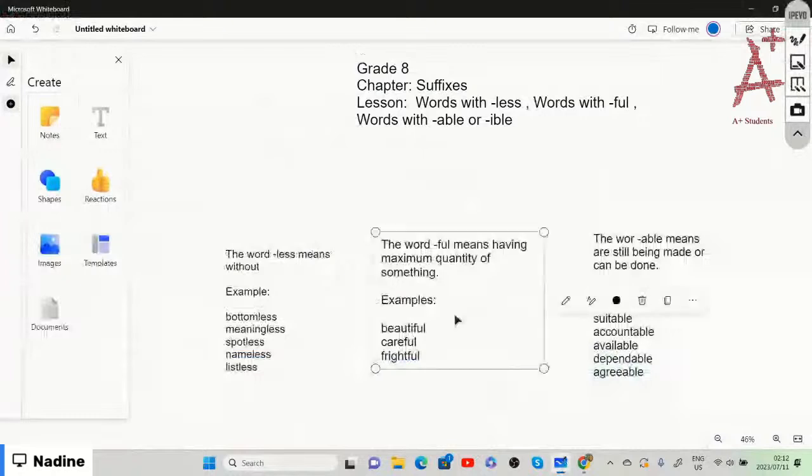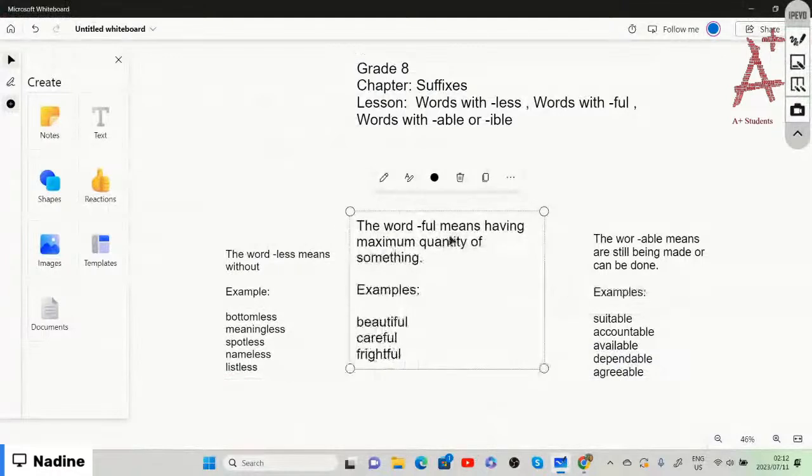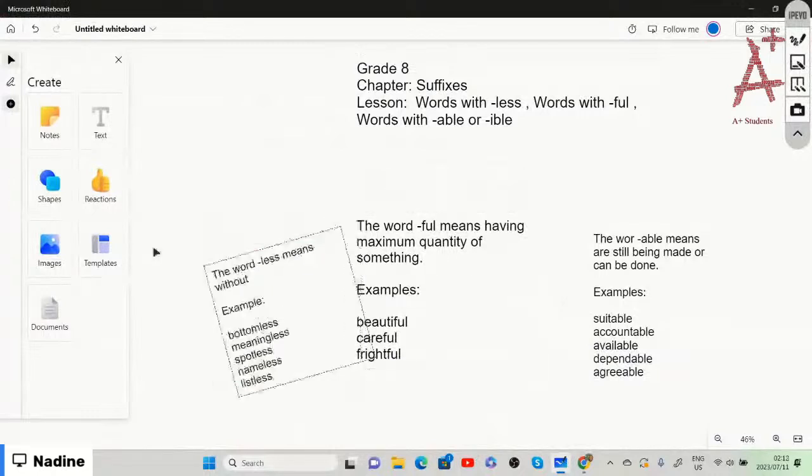The word full means having the maximum quantity of something, having a lot of something. That is the word full.